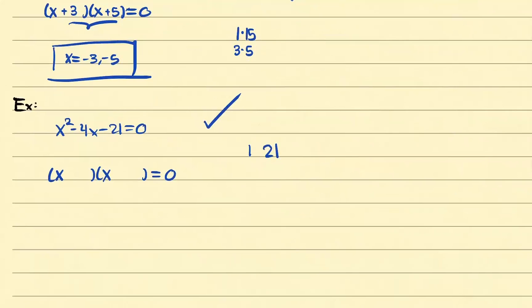There's 1 and 21. 2 can't go into 21, so we'll skip to 3, and there's 7. And that's going to be it. So there's no plus or minus combination of 1 and 21 that can get me to -4. But 3 and 7, I certainly can.